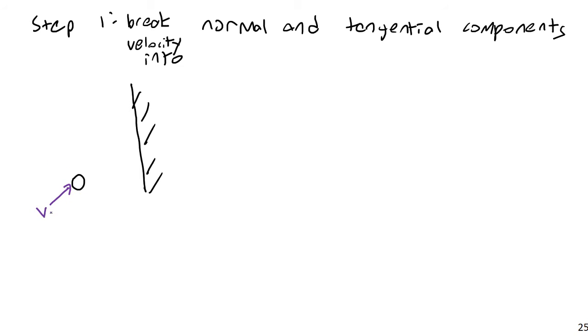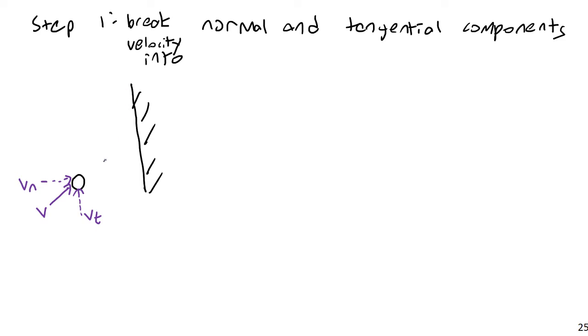So this is our initial velocity v, and it will have components v tangential, tangent to the surface, and v normal.